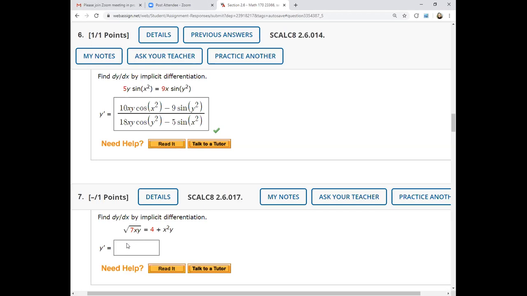I'm getting dy dx, so I have to factor out 7x over 2 times (7xy) to the negative half plus x squared on the bottom.